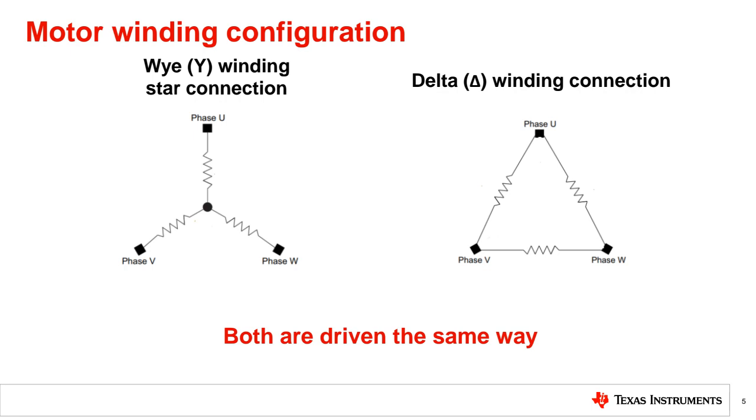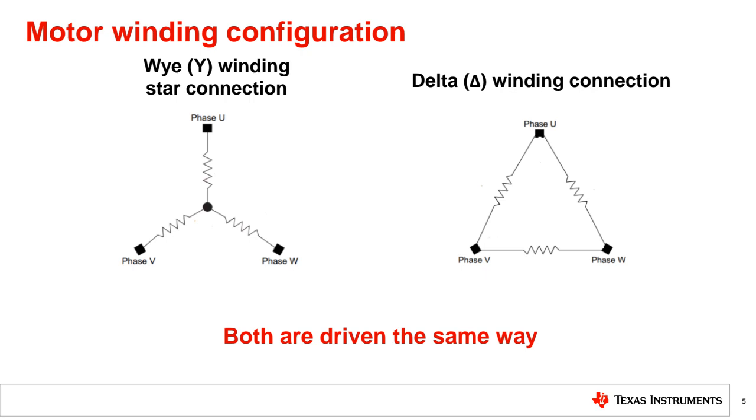Every time Y is more efficient, has less resistive loss, is more immune to parasitic currents, and has higher torque at low speed. The delta winding's main advantage is higher top speed. If you need high top speed, maybe you can use delta winding. In another situation, you need to use Y connection.